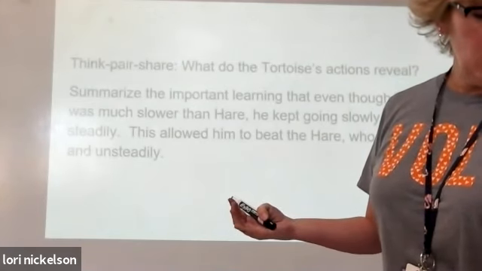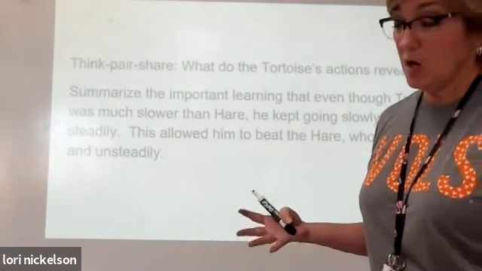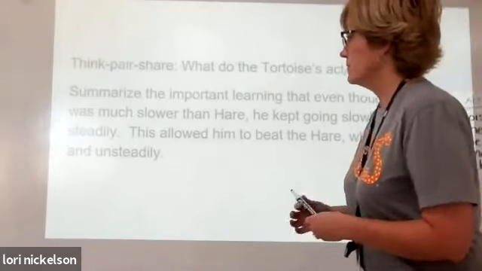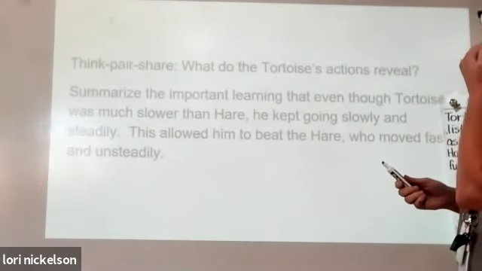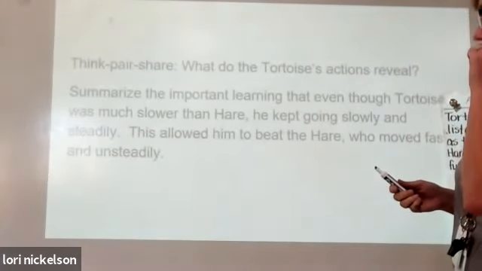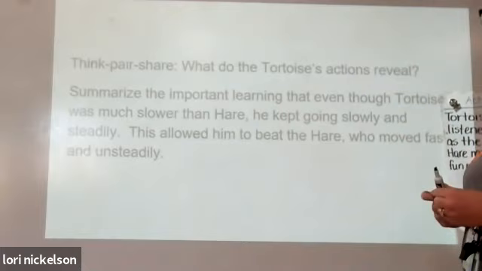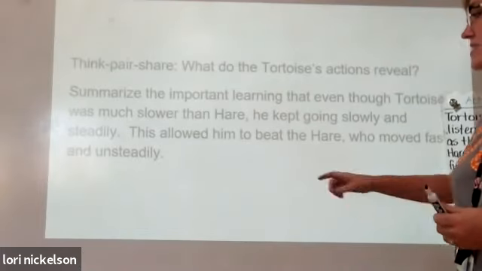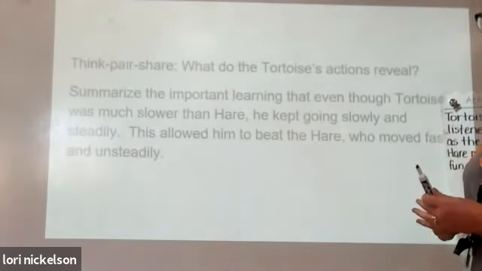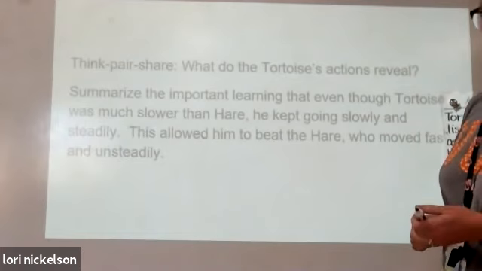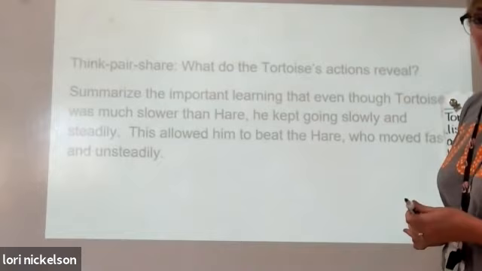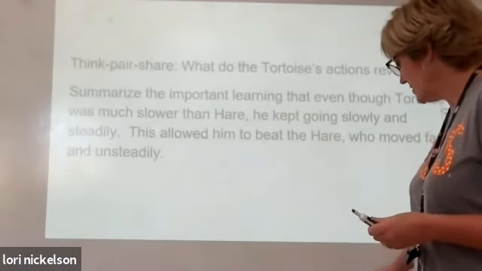And it revealed that we can win the race if we keep going, if we keep trying. So that summarizes the important learning that even though tortoise was so much slower than the hare, he kept going slowly and steadily. This allowed him to beat the hare, who moved faster and unsteadily. So he wasn't very steady, was he? Because he decided he was going to sleep.